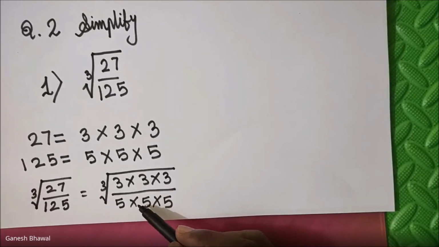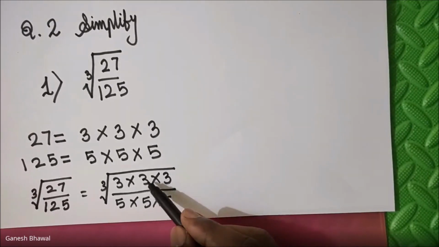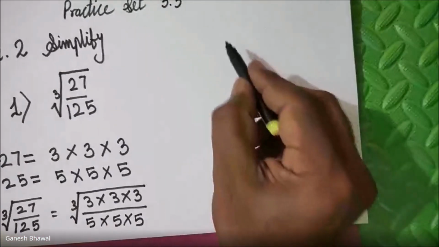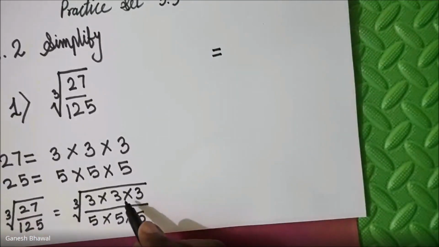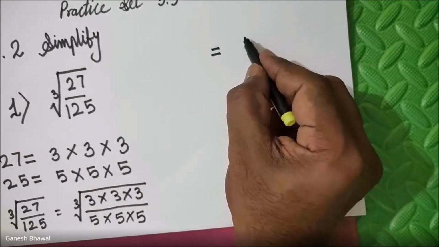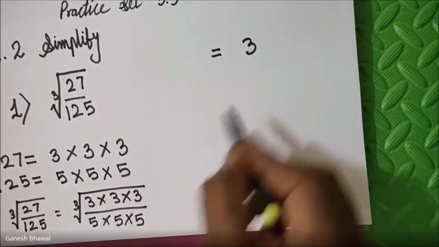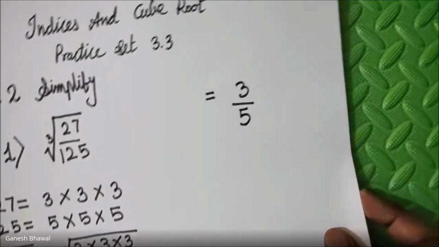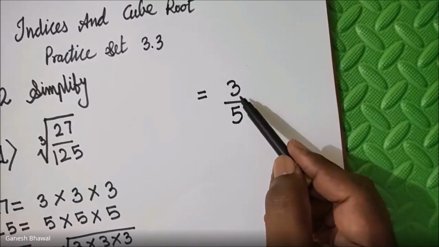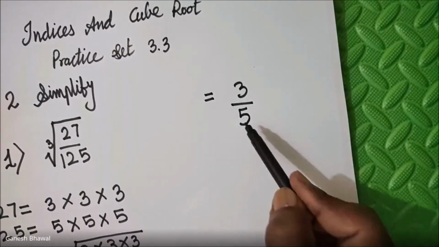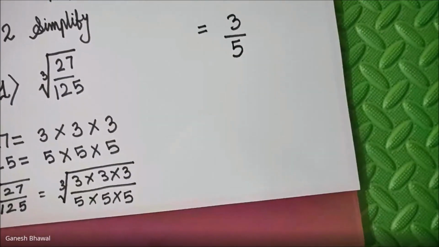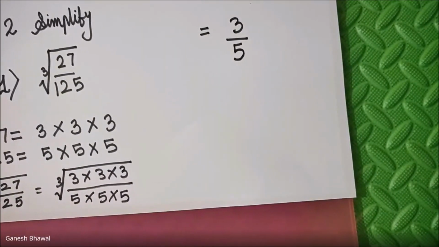First you just concentrate on this sum. We have a group of 3, we have a group of 5. We have to take one number from each group. Put equal sign. Take 3 from this group of 3 and take 5 from the group of 5. And now when you take one number from the group outside, that time this cube root sign goes.